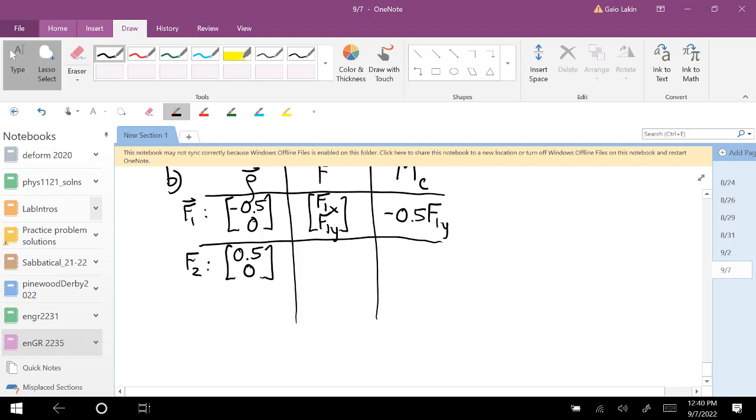The force vector is the same, so that's negative 0.866 F2, positive 0.5 F2. And so that cross product is 0.25 F2.